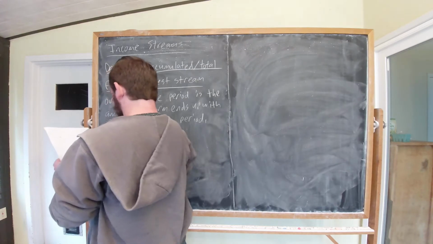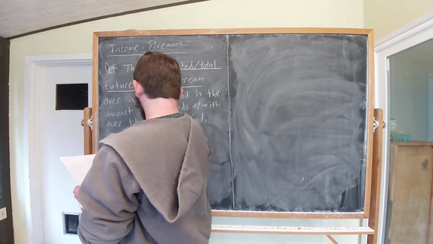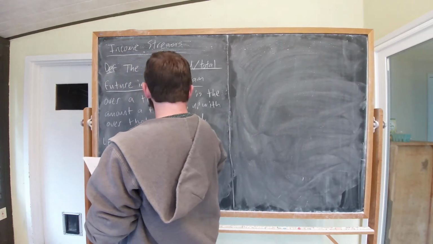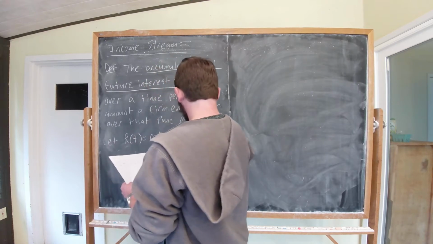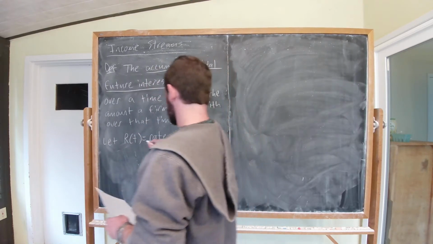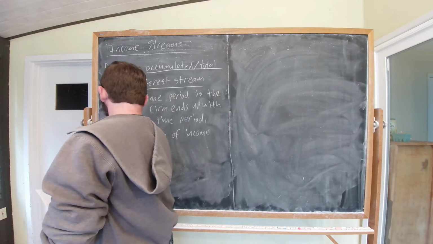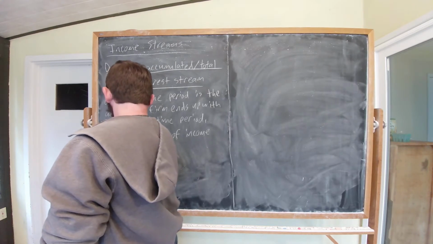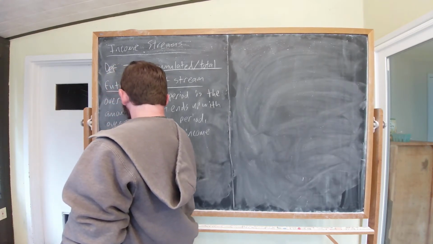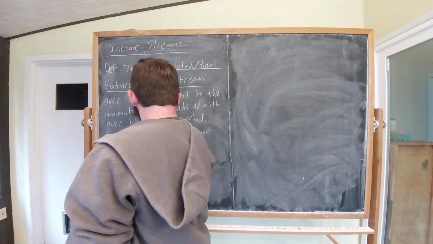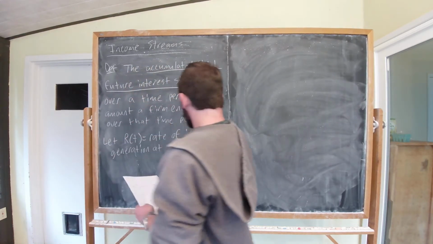R of t, capital R of t, be our rate of income generation at time t.